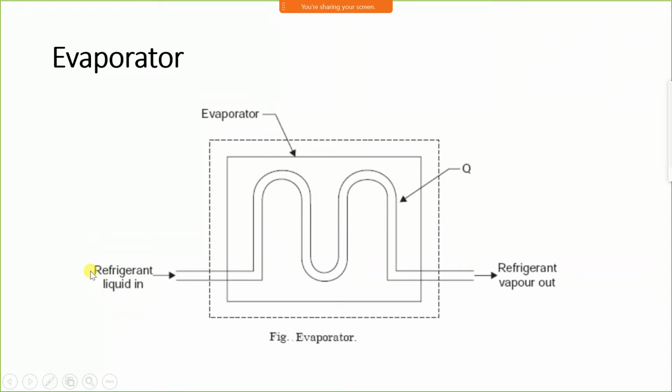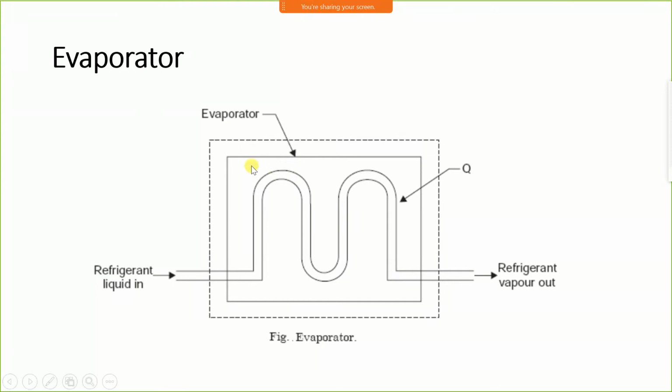Normally the temperature of refrigerant is below 0 degrees Celsius. The low temperature refrigerant, while passing through the evaporator coil, absorbs the heat from the substance which is to be cooled, because the substance has a temperature higher than the refrigerant temperature.